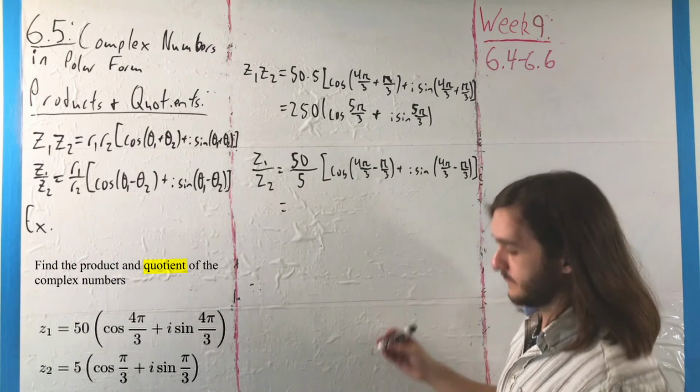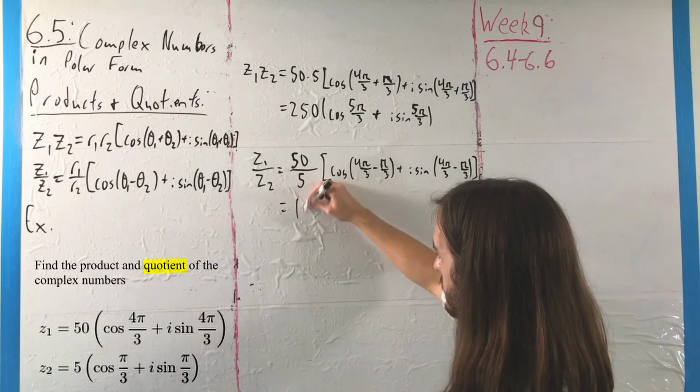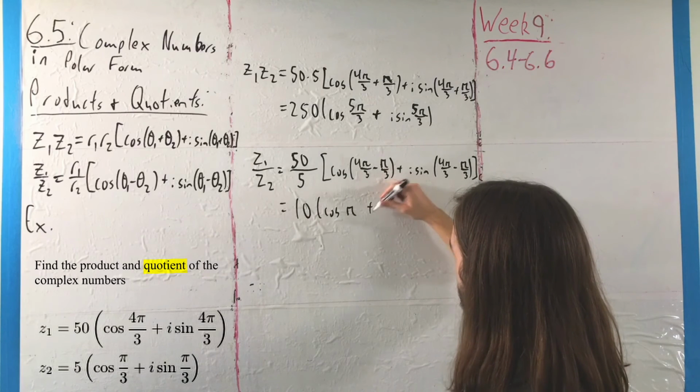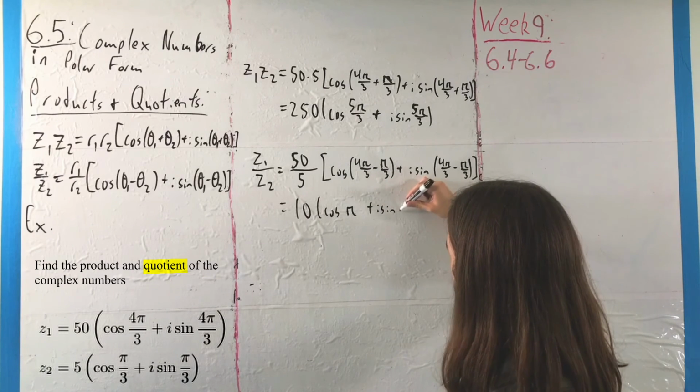So 50 over 5 would leave us with 10 times cosine of pi plus i sine of pi.